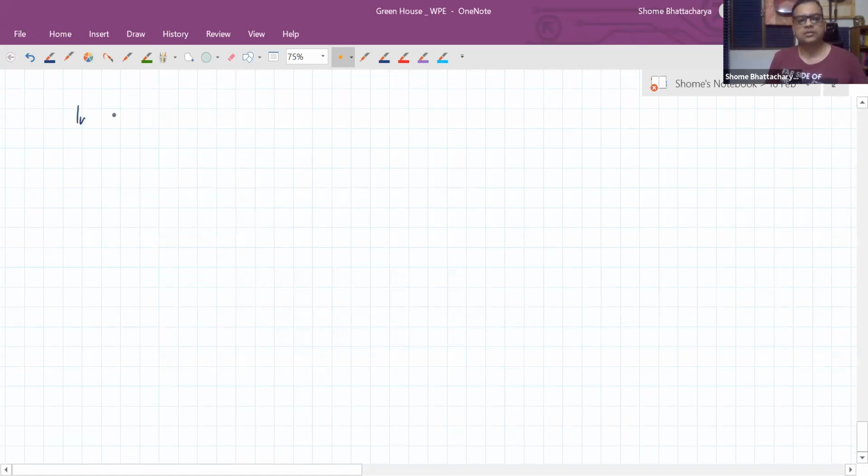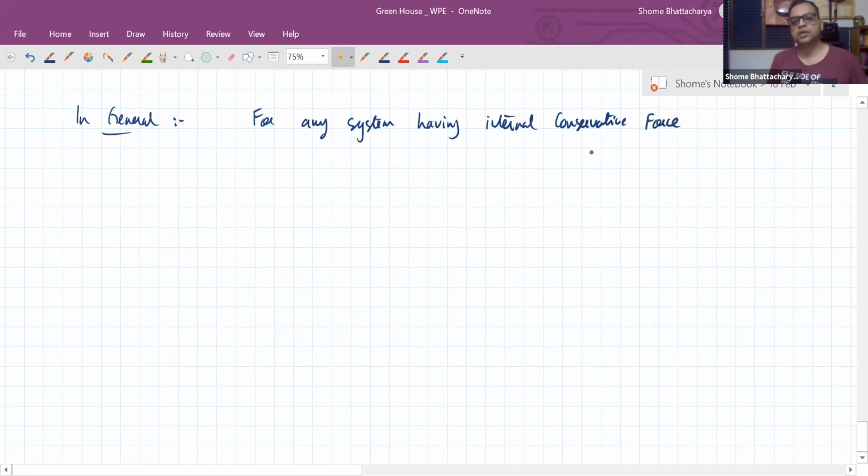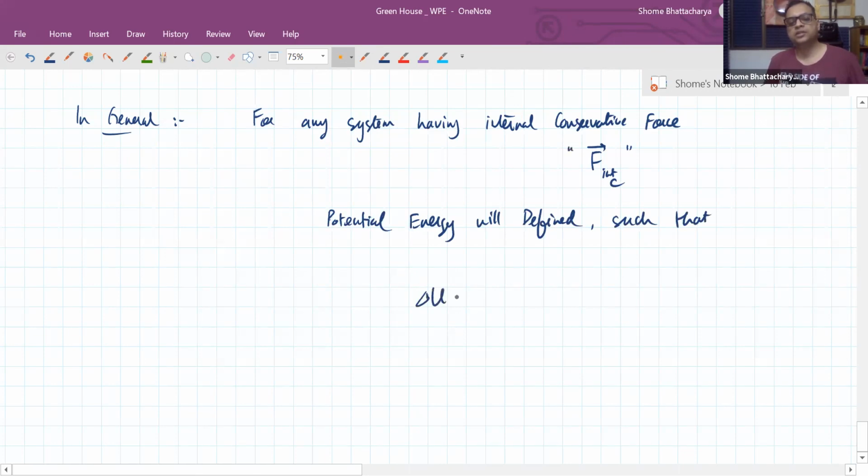So in general, we can say now that for any system having internal conservative force, which we can denote by this symbol, potential energy can be defined such that the change in potential energy during any change in configuration is equal to negative of the work done by the internal conservative force, or it is minus of F internal conservative dot ds.